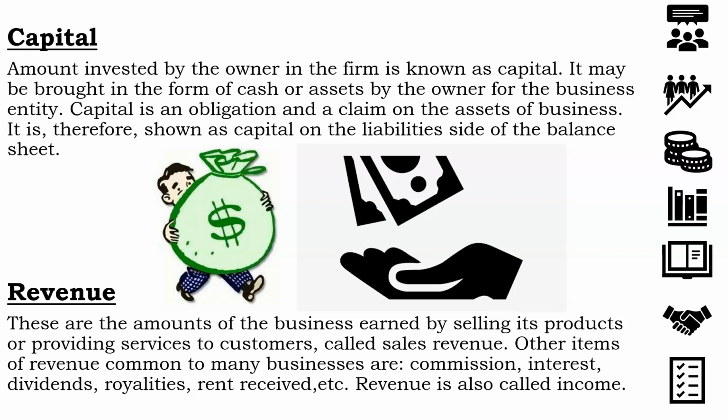It is like if I have lent money to my brother, he has an obligation to pay it back to me at some future date. It is an obligation for him, and I have lent him money. Same way, since the business is a separate person in the eyes of law, the capital that I have invested in my business is an obligation for my business to give back to me.